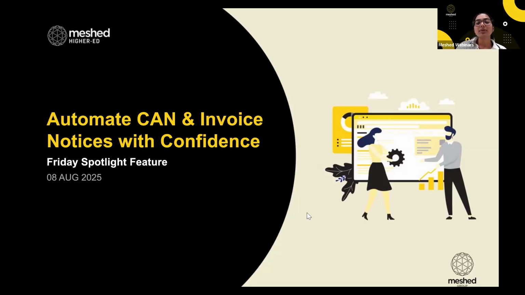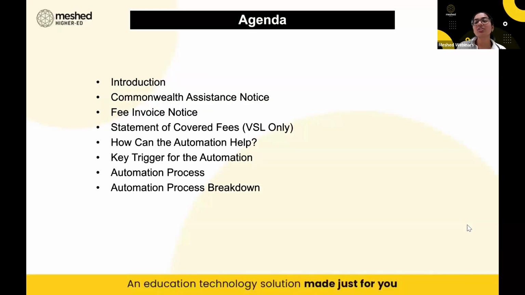So in today's session, we will be exploring a range of things, which includes the introduction of the topic itself. First, we will try and understand what actually are these documents and who these documents apply to. So this includes the CAN or the Commonwealth Assistance Notice, the fee invoice notice, and the statement of covered fees, which is applicable for VSL or VET Student Loan only.